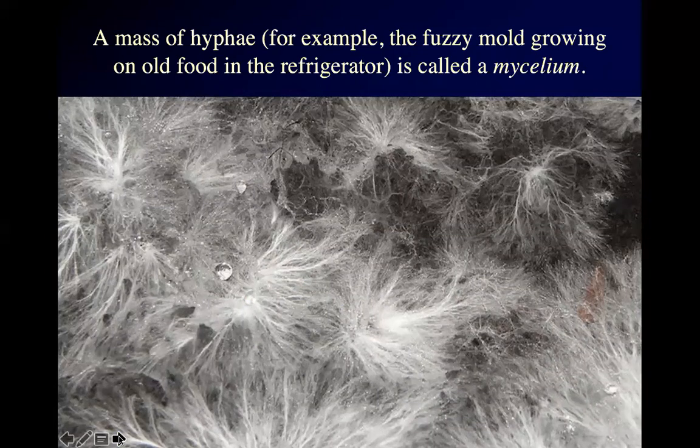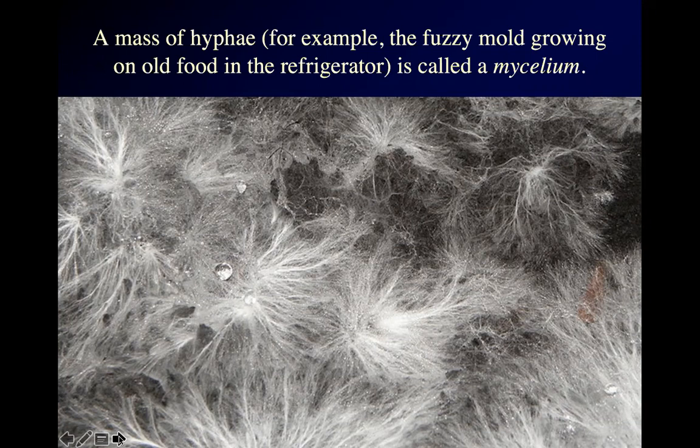And you may not know the word, but you have all seen a mycelium if you have ever taken food out of the refrigerator that has been in there for too long. You take food out of the fridge and it looks like it's growing cotton balls on it.